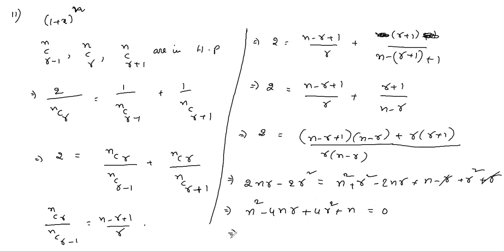So we can write this in parts. It is a polynomial in terms of n: n square minus 4r minus 4r plus 4r minus 1 into n plus 4r square equal to 0.